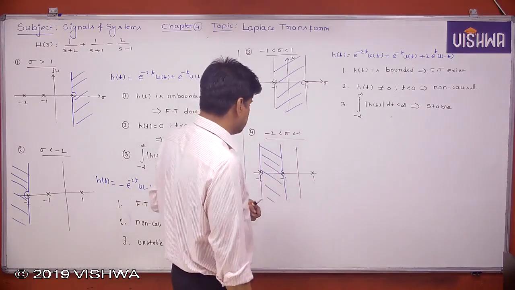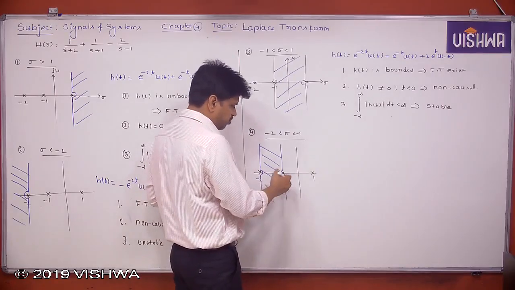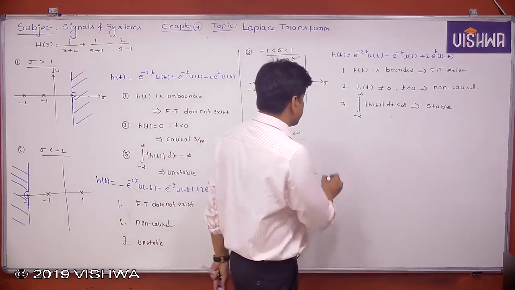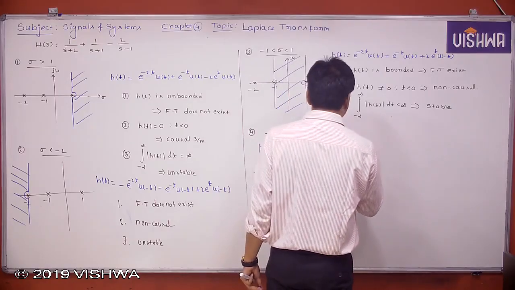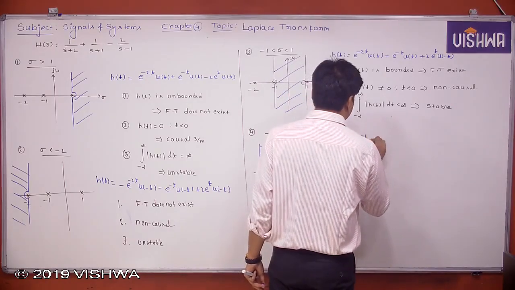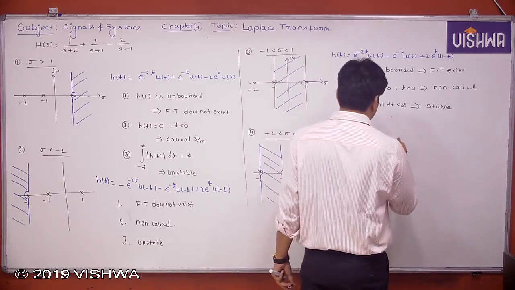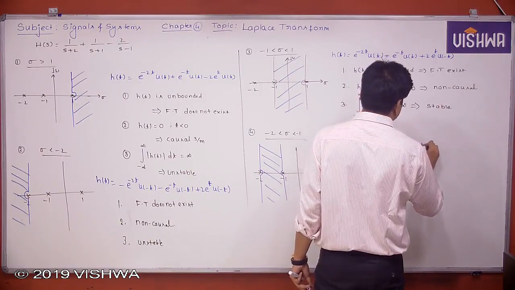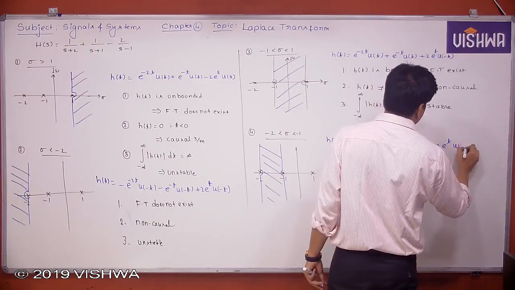If you observe the ROC, for 1 it is left sided, for minus 1 it is left sided, for minus 2 it is right sided. So how can we write h of t? The first term is right sided, e power minus 2t u of t. Next, minus e power minus t u of minus t plus 2 e power t u of minus t.